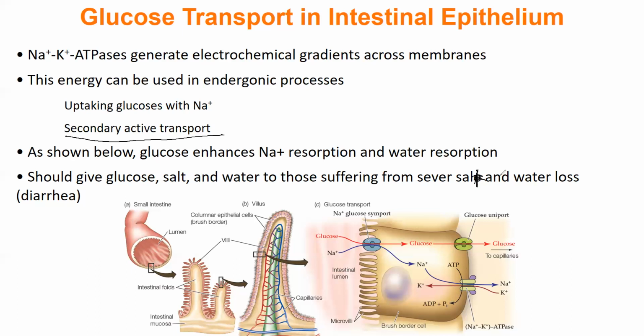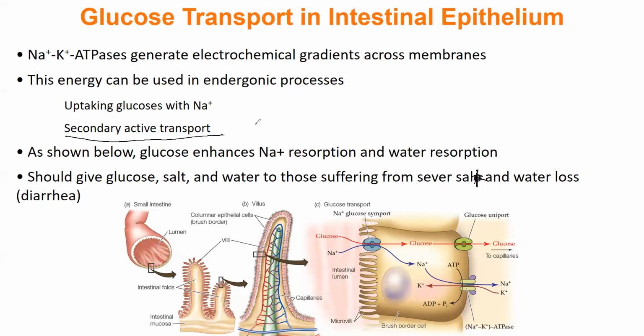And so one thing to do is if you have diarrhea and you're losing a lot of water and salts, you should give people glucose with salt water, and it will help them absorb salts into their body that they're losing. So that's just a practical application of here, because glucose will help bring that sodium in through this symport, and you can absorb it into your body to help protect against what you're losing.